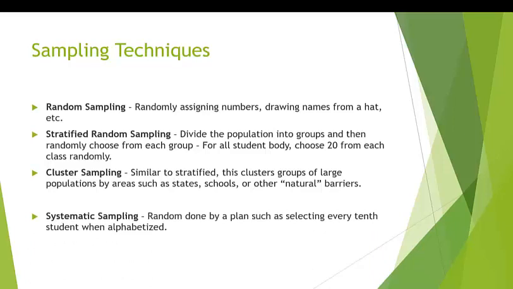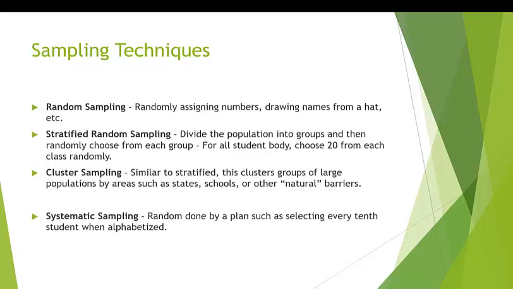And the last one we'll look at here is a systematic sampling. Randomly done by a plan. So you're going to do random sampling, but you're doing it by a plan. So you might say, I'm going to assign every student a number, and I'm going to pick every 10th number.